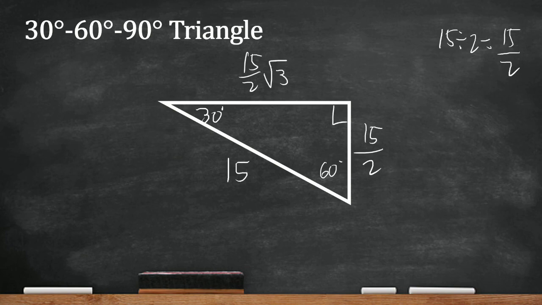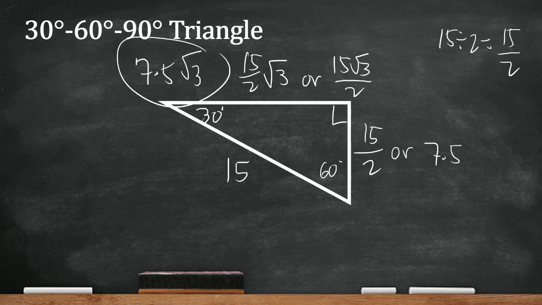That will be the measurement of the side opposite 60 degrees. This can be equivalent to 15 square root of 3 all over 2. Now if you wish to change this to decimal, you can also change 15 over 2 to decimal, which is equivalent to 7.5. Here, just copy 7.5 and then multiply it by square root of 3.